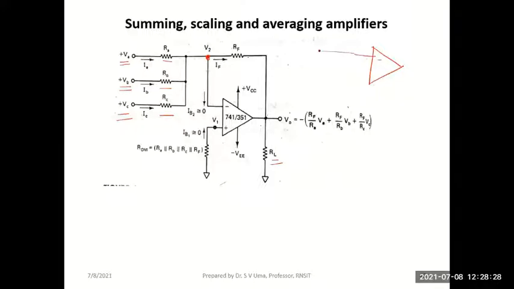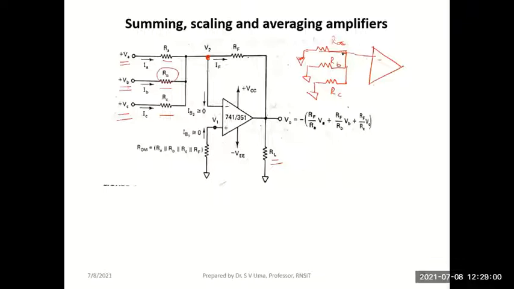Can you tell me what will be the Thevenin's resistance between the inverting terminal and ground? When I apply Thevenin's theorem, you will see RA connected from the inverting terminal and all voltage sources should be grounded. Again, RB is connected from the inverting terminal, and this point will be grounded. Then RC is connected from the inverting terminal to ground, the third resistor.